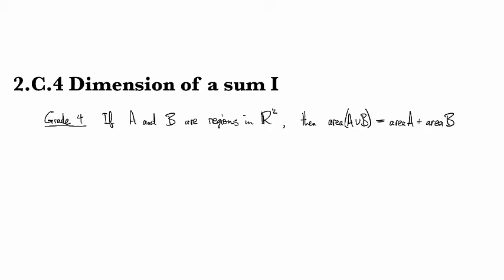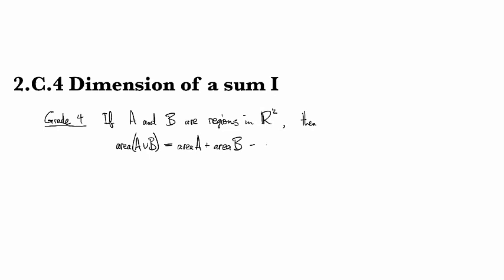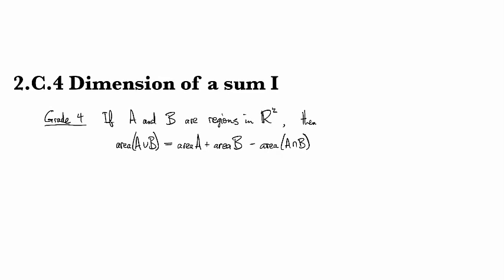Oh, and now I'm going to run out of space. Dang it. Minus the area of the intersection that they have in common. And the idea there is that if you've got these two different plane regions, there might be some part that gets double counted, and that's what the intersection is checking.